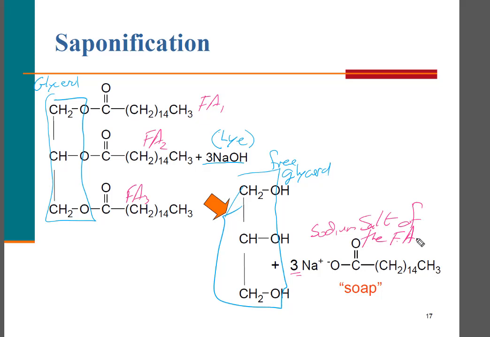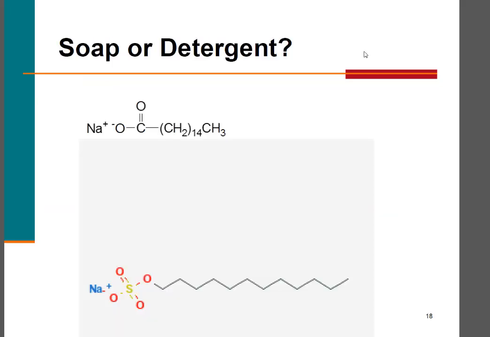Okay, lastly, soap or detergent. We know what soaps are. Soaps are salts, either the sodium salt if it's a bar soap, or the potassium salt if it's a liquid soap. These are salts of fatty acids.